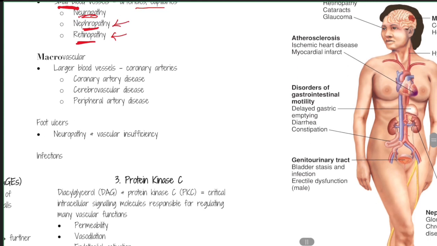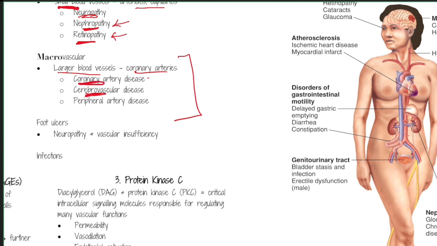Okay, macrovascular complications have to do with the larger vessels, medium to large, coronary arteries, anything that's leading to a larger organ. So these macrovascular complications are going to be affecting an organ on its own, for example, coronary artery disease, cerebrovascular disease.